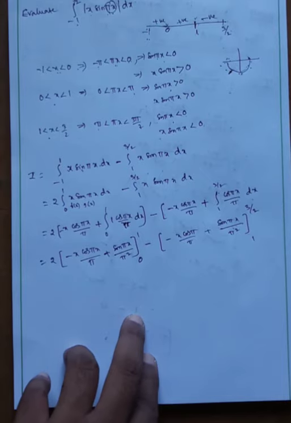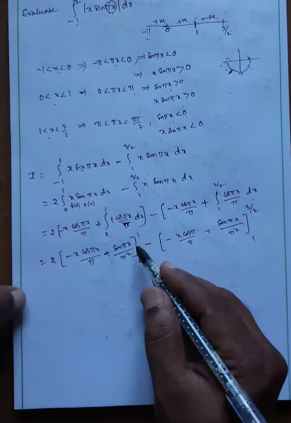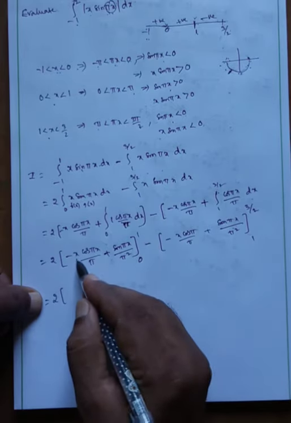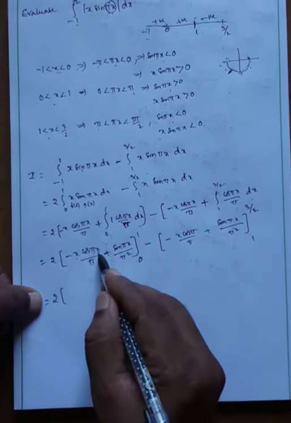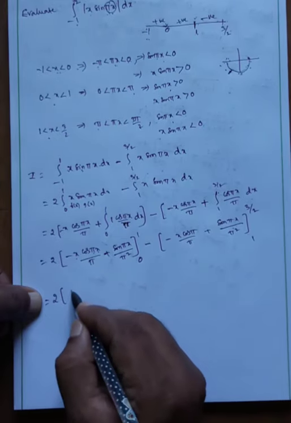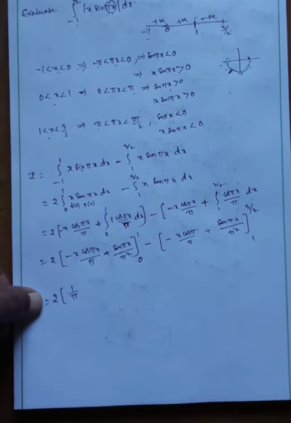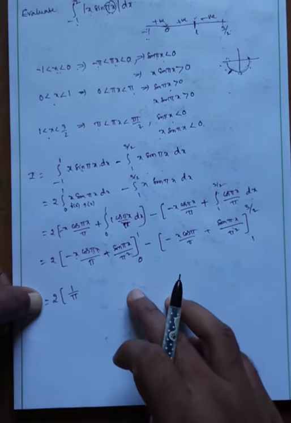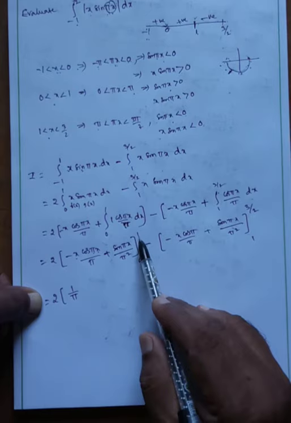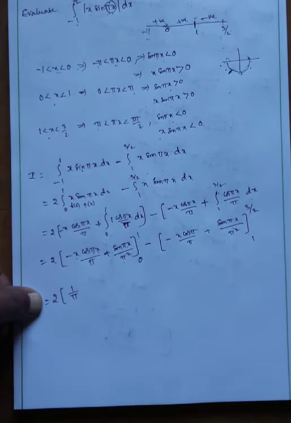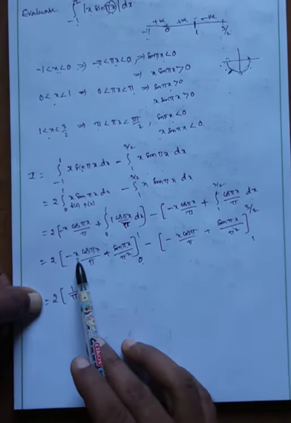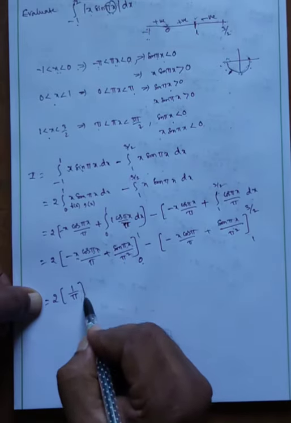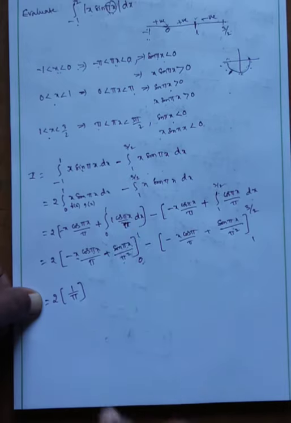Substituting the upper limit, 2 into, the upper limit is 1, minus 1 into cos pi, which is minus 1, giving 1 by pi, plus the lower limit, where sin pi is 0 and the rest is 0, sin 0 is 0. So this value is 2 by pi only.